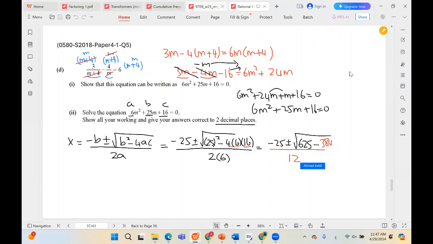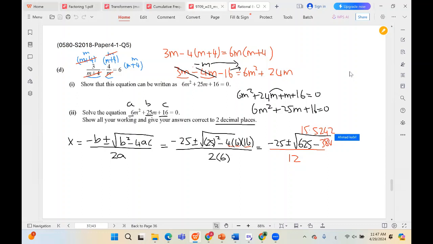So first we evaluate the root. So we have a square root of 625 minus 384. This is equal to 15.52417. But we don't have to write all of these, but we can just write like 15.5242 maybe.